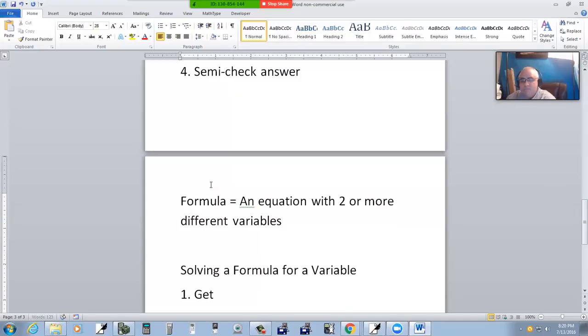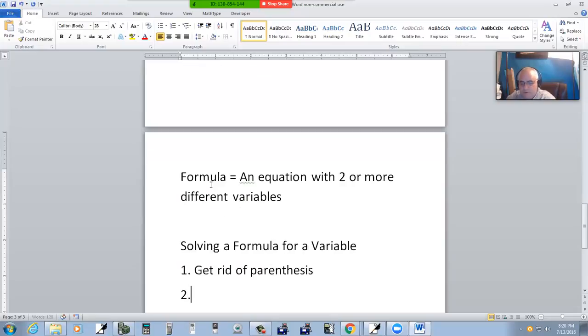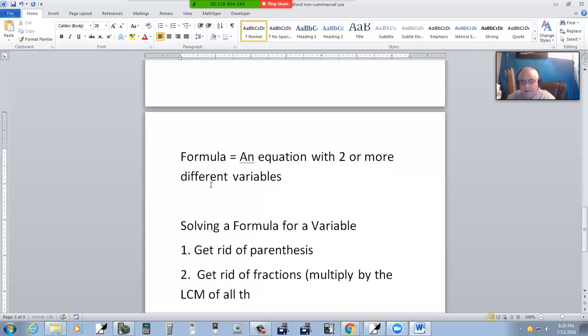Solving a formula for a variable. Step 1. Get rid of parentheses. We do that via the distributive property again. Step 2, get rid of fractions. We multiply by the LCM of all the denominators.